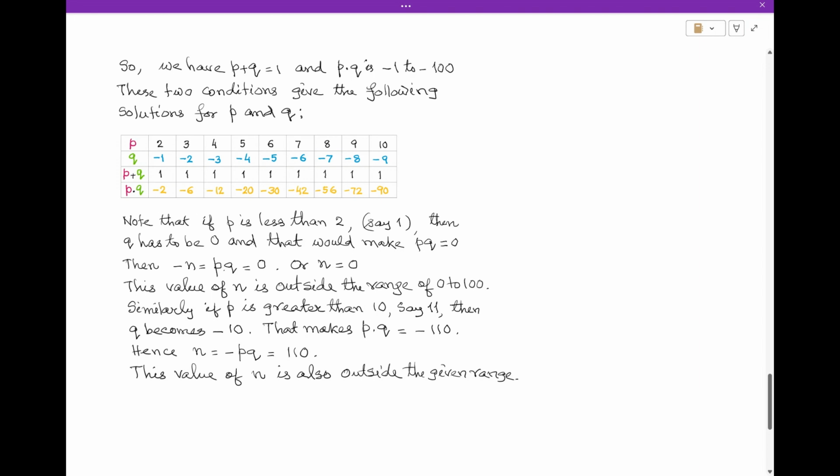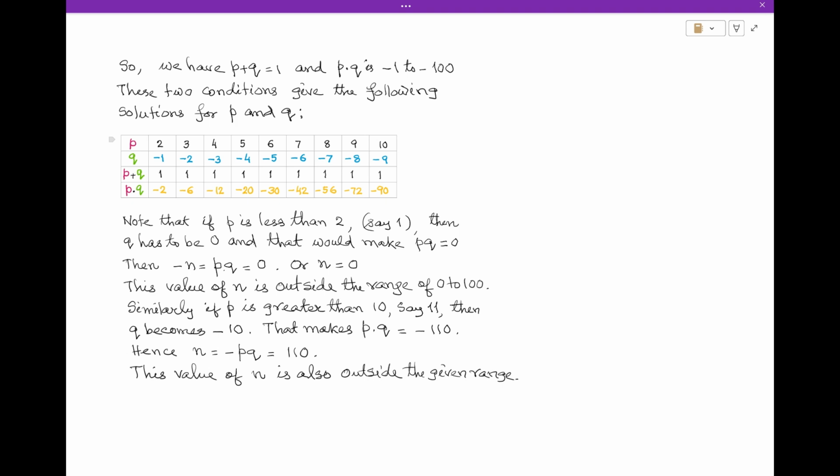So, we have found out that p plus q is equal to 1 and p multiplied by q is minus 1 to minus 100. These two conditions give the following solutions for p and q. This is given in this table. p could be 2, 3, 4, 5, 6, 7, 8, 9 or 10.